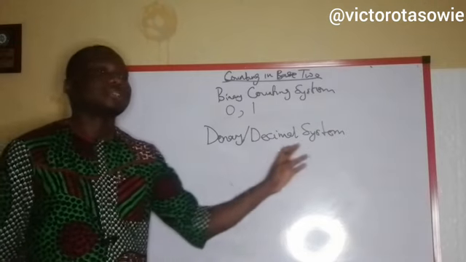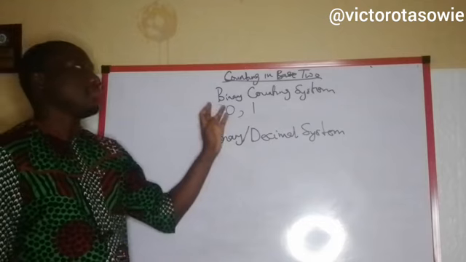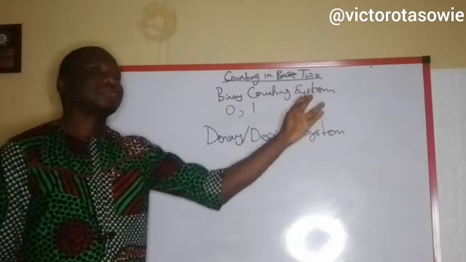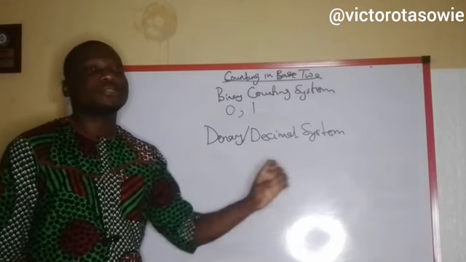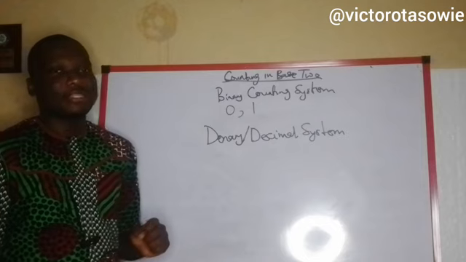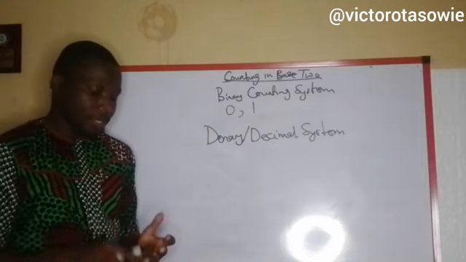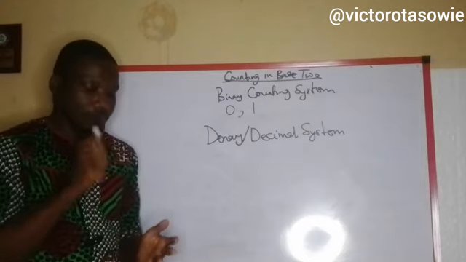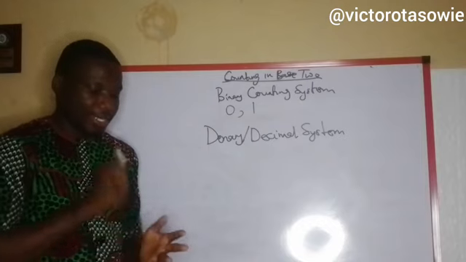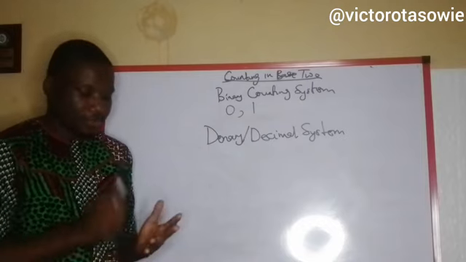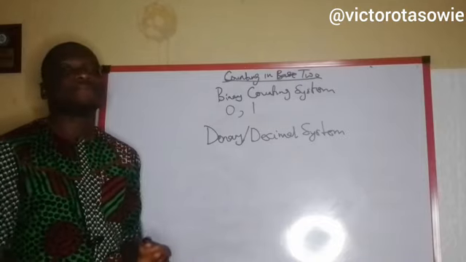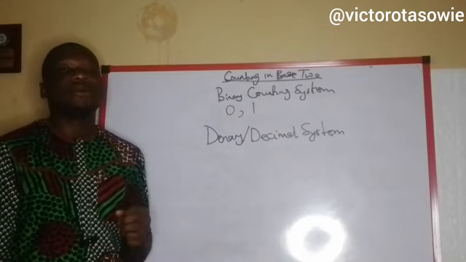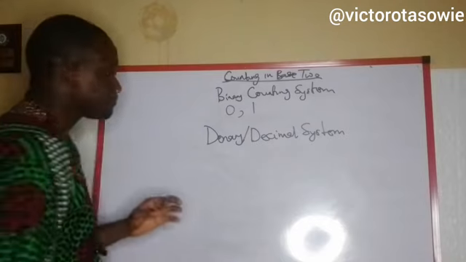Base 2 has to do with the binary counting system, which is 0 and 1. The denary or decimal system has to do with base 10, which is from 0, 1, 2, 3, 4, 5, 6, 7, 8, 9. This is the denary or decimal counting system.